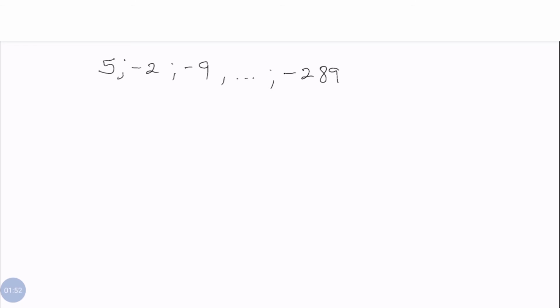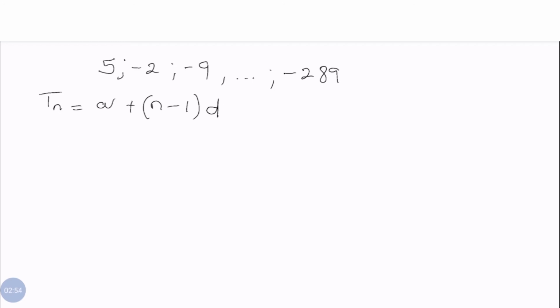The equation of a linear pattern is Tn equals a plus bracket n minus 1 times d.